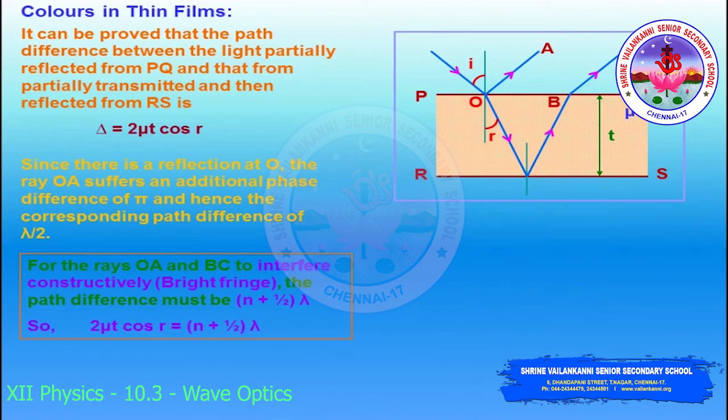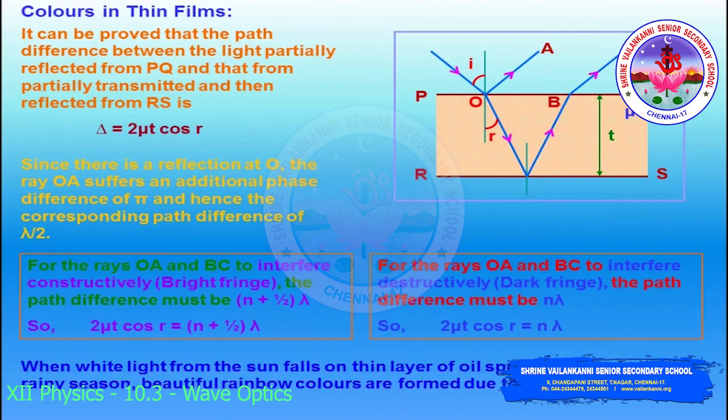For the bright fringes, which is constructive interference, the path difference is n plus half lambda. So we get 2 mu t cos r equal to (2n plus 1) lambda by 2, or n plus half lambda. Okay.